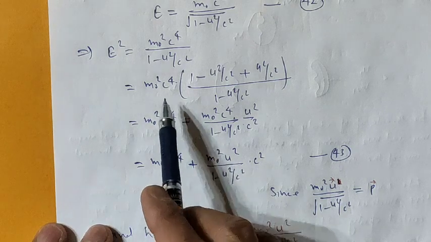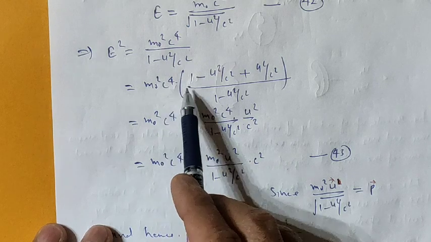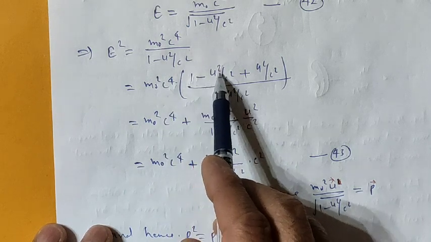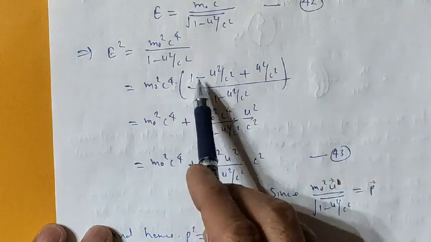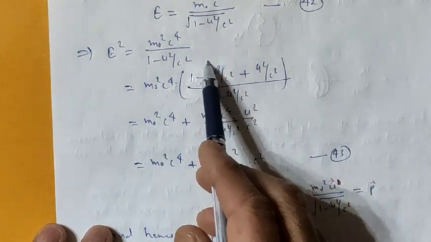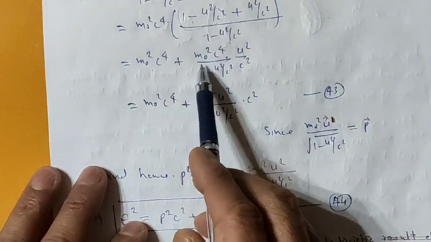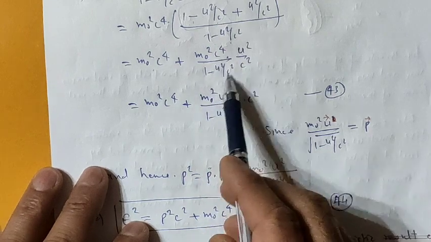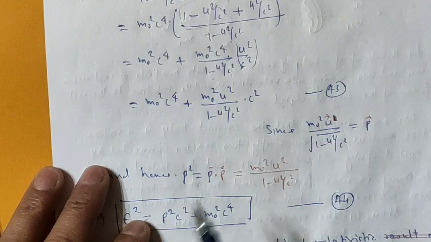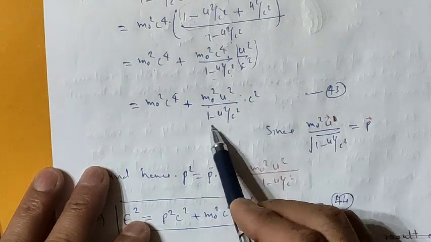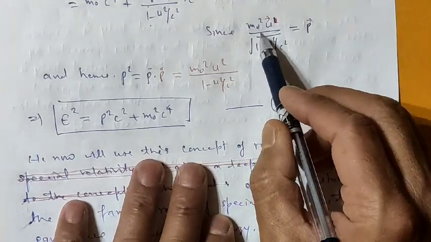Taking m0 square c4 and adding and subtracting u square divided by c square inside, the terms cancel out. Then you have m0 square c4 plus m0 square c4 divided by 1 minus u square divided by c square times u square divided by c square. Finally you have m0 square u square c square divided by this term.